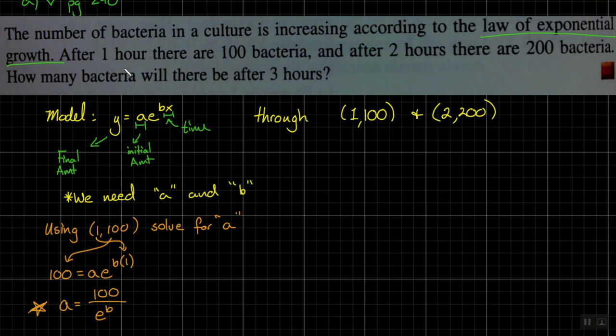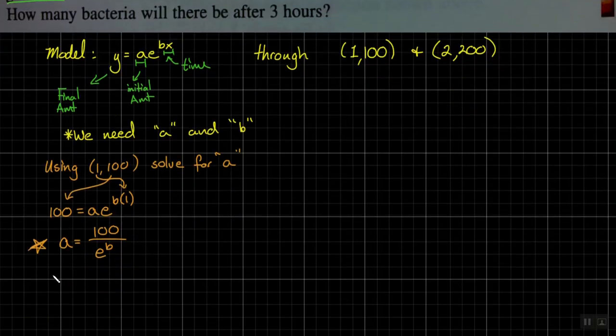Right now, what we have is A in terms of, what variable do we have it in terms of? B. When you see this statement, something in terms of something, all it means is here's an expression written with another variable.